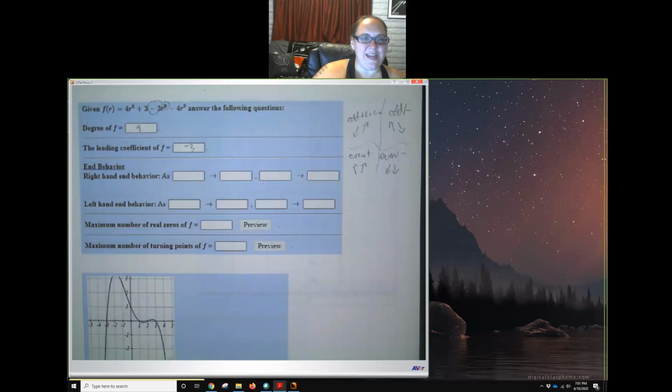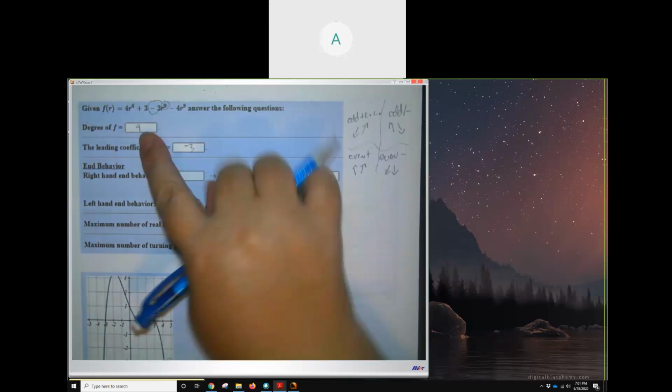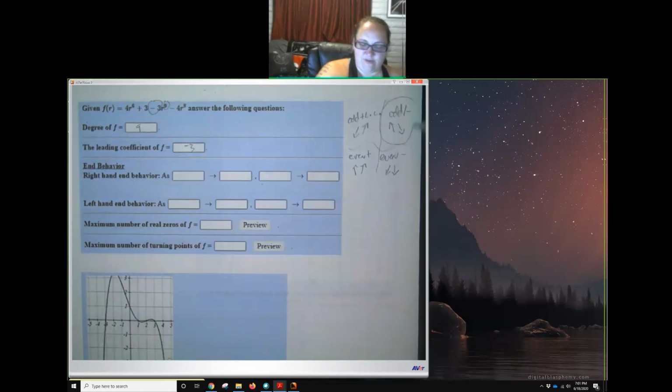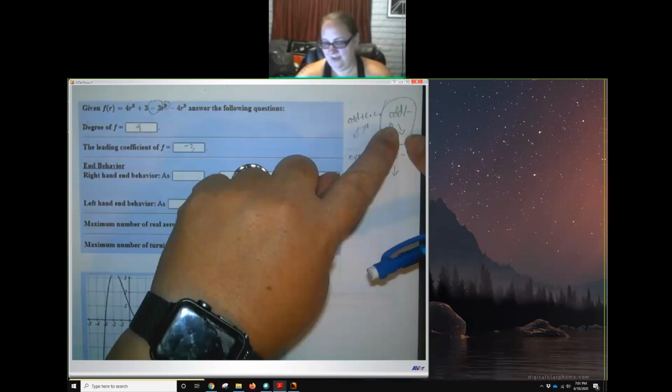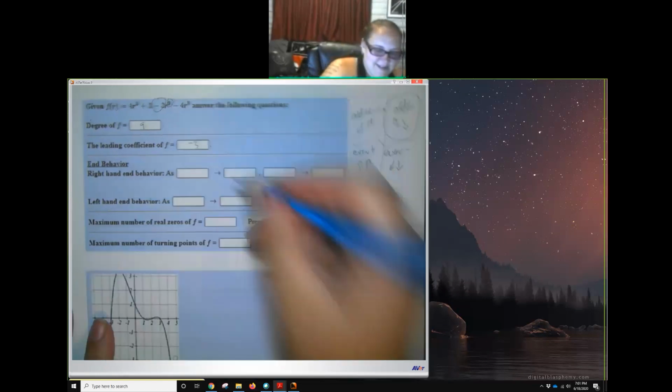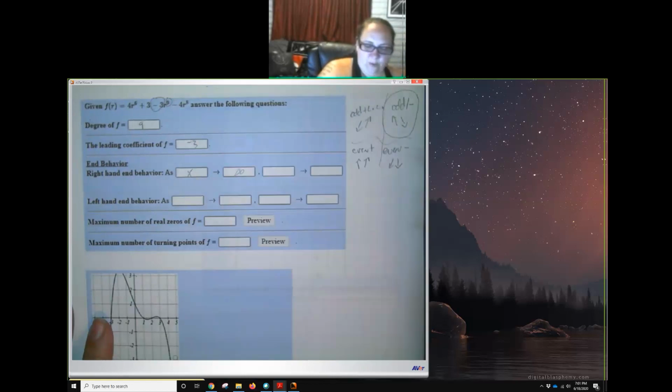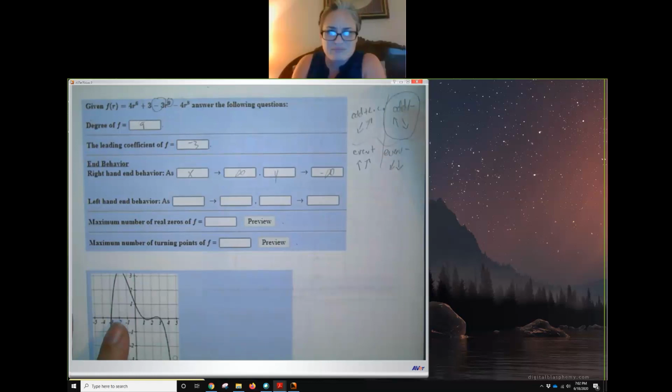Okay, so then here we have an odd degree with a negative leading coefficient. So that's going to be this end behavior. So on the right side, as x goes to infinity, y goes to negative infinity. Odd and leading coefficient, LC.